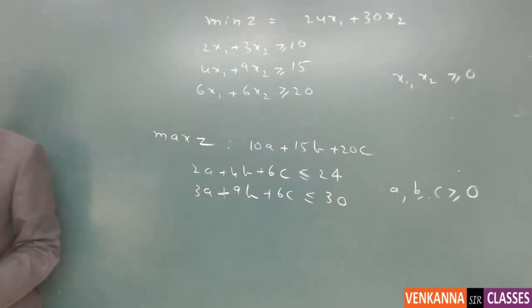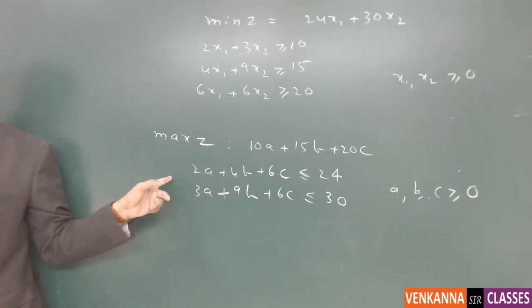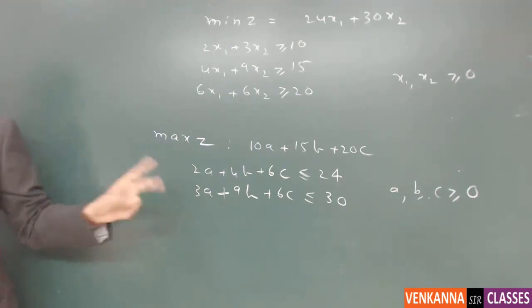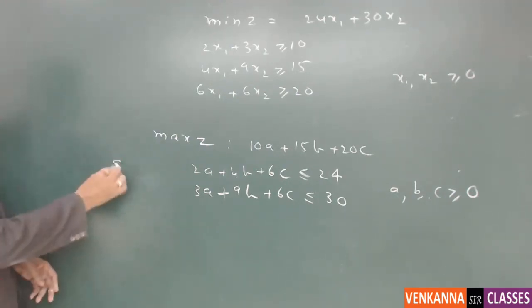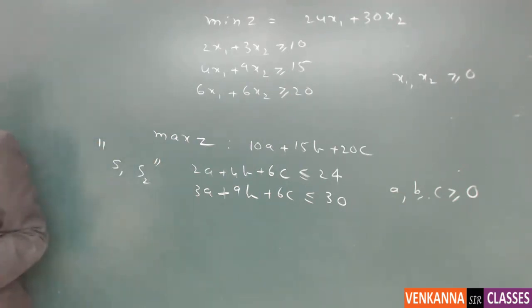Now you can understand that since there are two inequalities which are of the type less than or equal to, we are just taking only two variables S1 and S2 to solve the system under simplex method. Agreed?